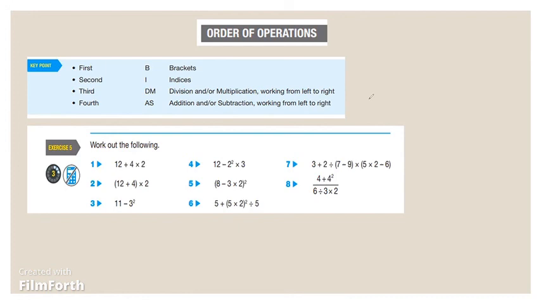And then we learned how to identify BIDMAS or BODMAS. According to BIDMAS, B stands for brackets, I stands for indices, then division, multiplication, addition, and subtraction. According to that order, you should do it. We have done some questions from there.